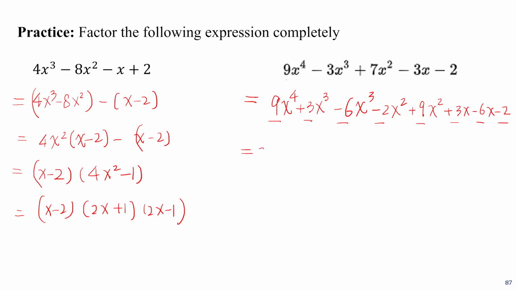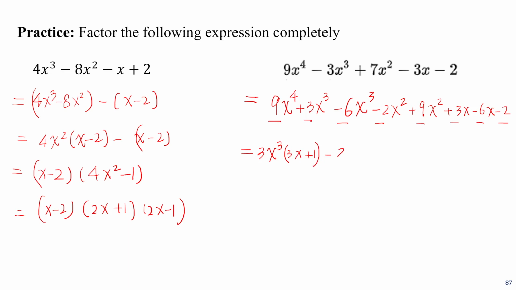For example, we can put 3x cubed in front, then you have a x plus 3 here, minus 2x squared times 3, this should be 1, I guess. So this should be 3x plus 1, right?